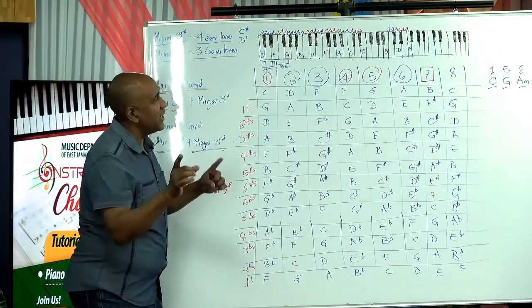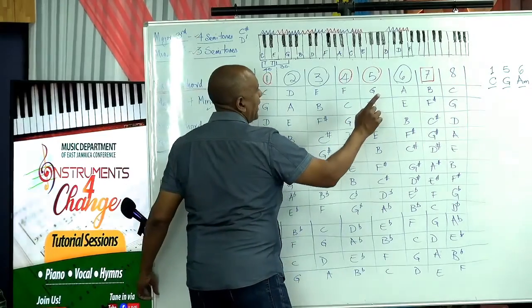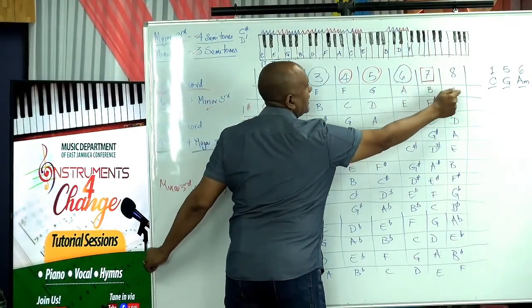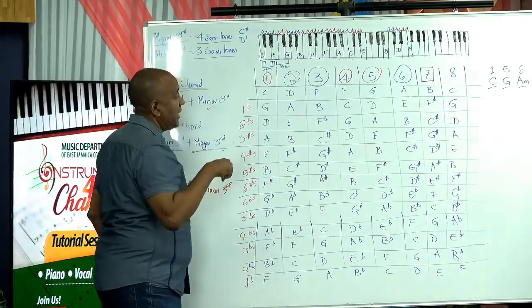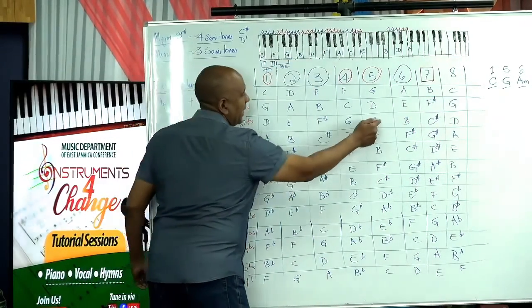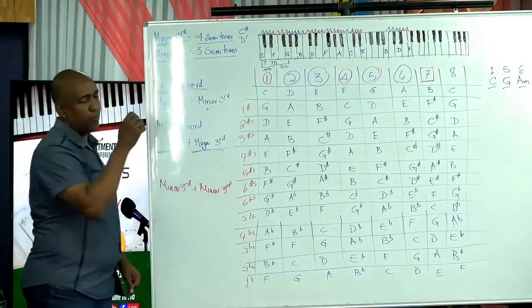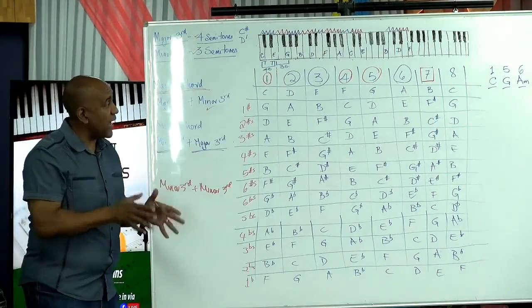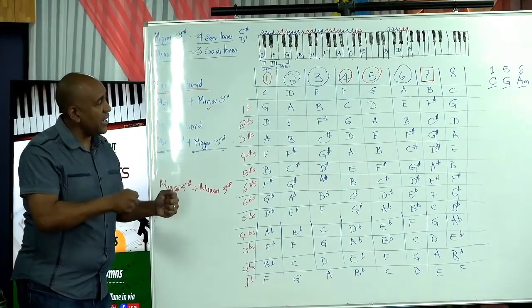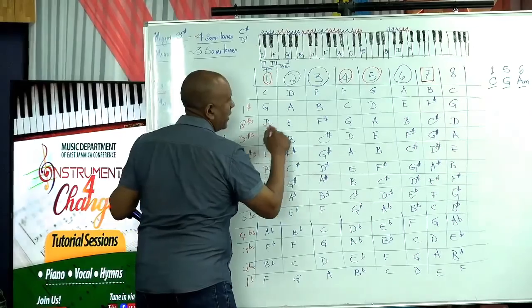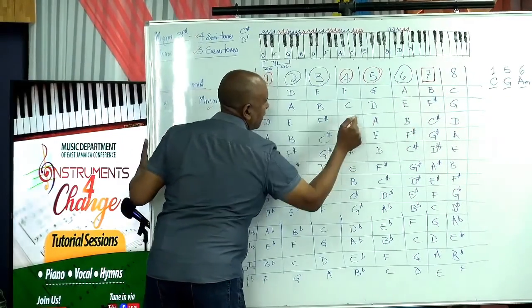What is the difference? In the key of C we played A, and then C. In the key of D, it will be A, and then C sharp. Now, our number 5 chord, A, is a major chord. So, it's 1, 5, 6, 4.